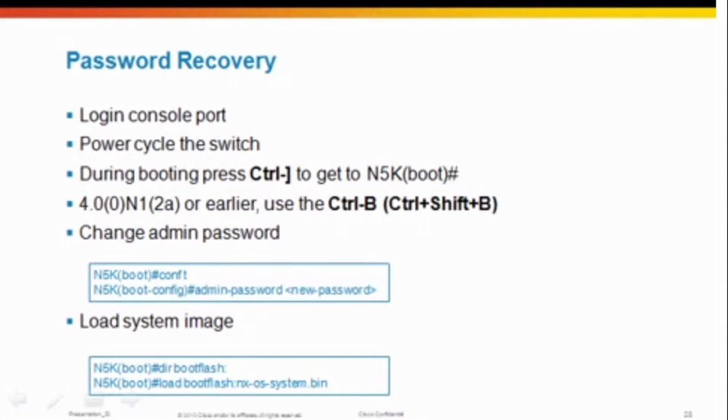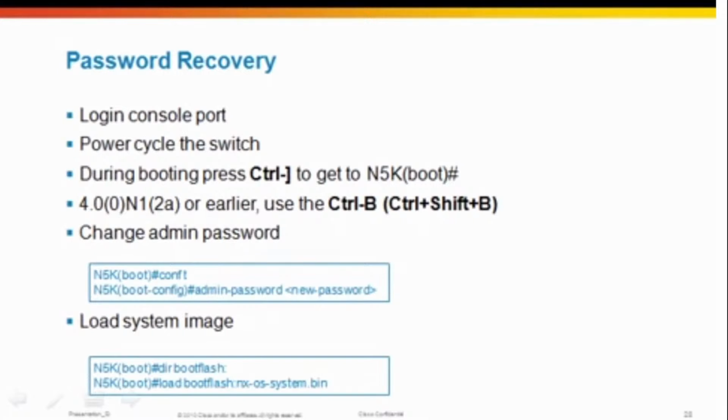Once you're in the boot prompt, the switch has only loaded the kickstart image. There you can go into config t and change the password with the command admin password. Once you've done that, you load the system image with the load command. Once you get back on the switch, you'll be able to log in with the new password. So this concludes how to configure the main functions of our 5K.